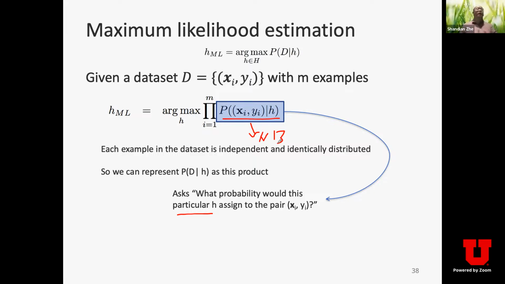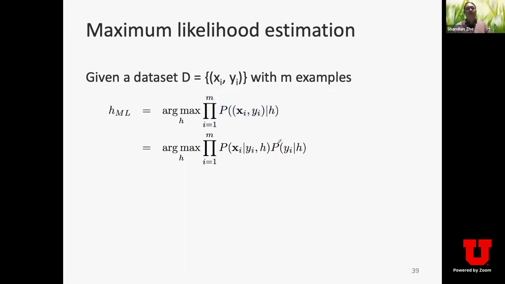According to our naive Bayes classifier, first, given h, we got the prior probability of yi. And then given yi and this particular hypothesis, we observe xi. That's the joint probability of xi, yi given h.